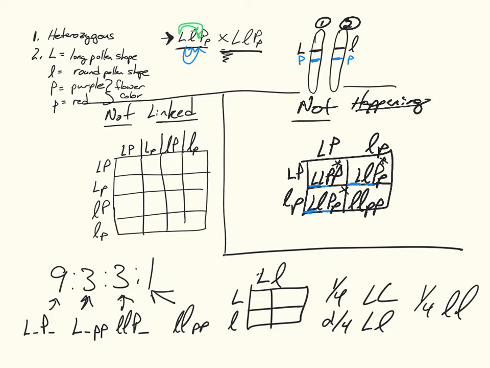And because they all have a big L and big P, what are they all? So 3/4 or 75% are what? Long and purple. And then 1/4 or 25% are what? Round and red.